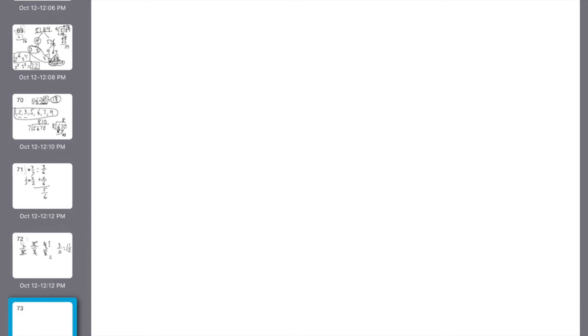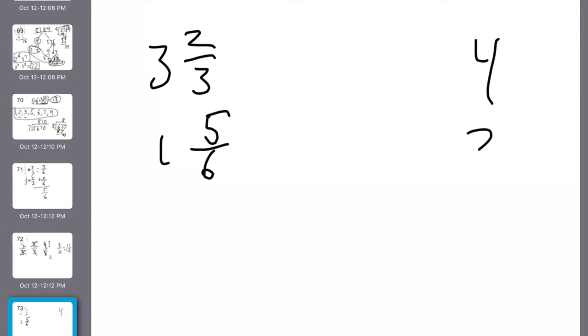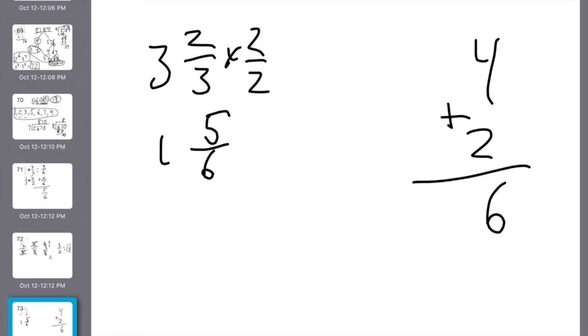27. Now it says this for the directions. For each exercise, record an estimated answer and an exact answer. So don't miss your directions, guys. Step 1, I'm going to round. That becomes 4. That becomes 2. I add them together. My estimated answer is 6. Now I have to do the exact answer.